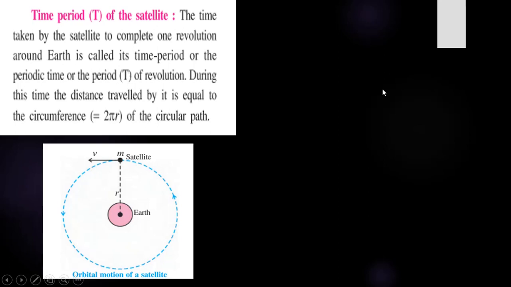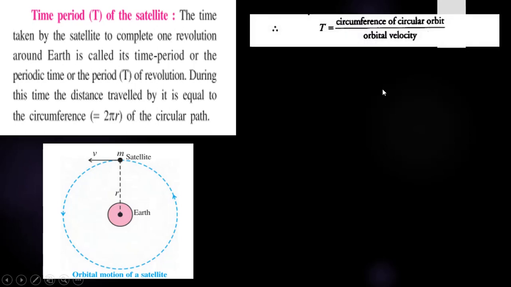In this way I will show you how to get the expression for the time period of the satellite. So t equals circumference of the orbit divided by orbital velocity. You studied this in motion in a straight line. So t, that is time, equals displacement upon velocity.